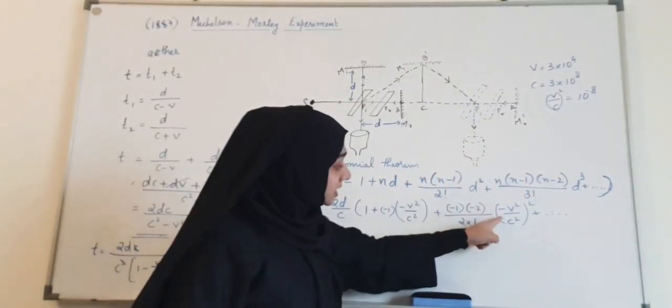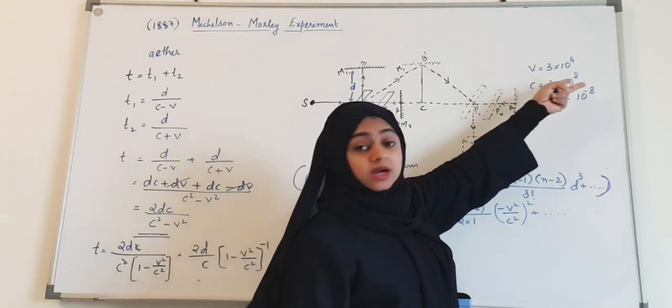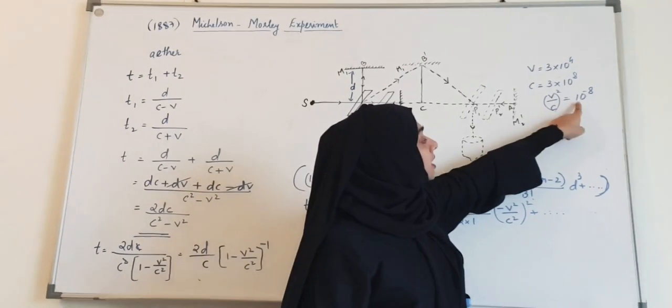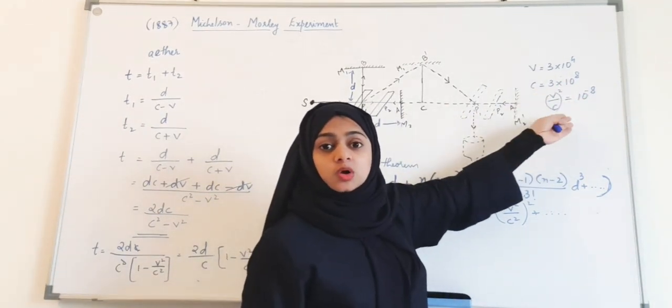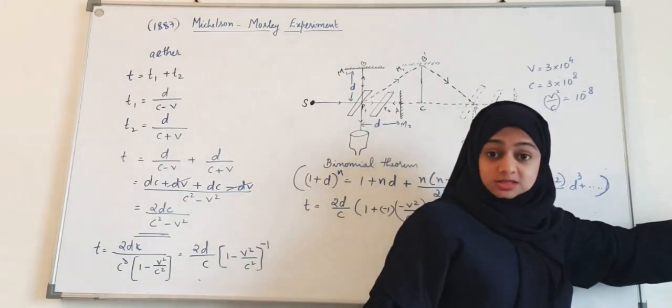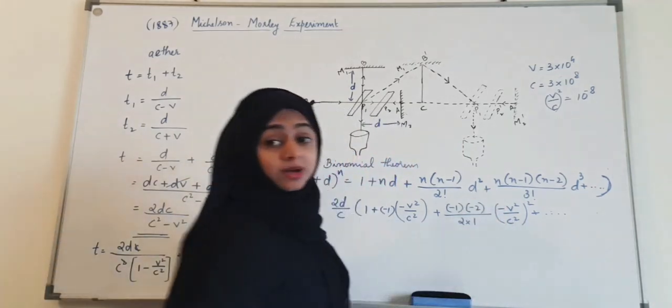Now if you take a higher power of this, it will become this whole square again, which will be 10 raised to minus 16. So the variation will occur only at the 16th decimal place. So we may neglect the higher powers of v square by c square.